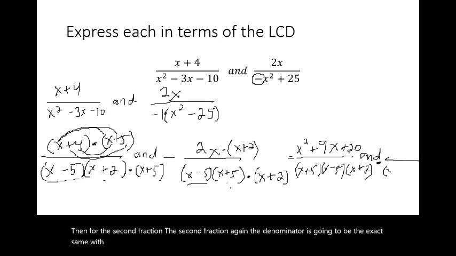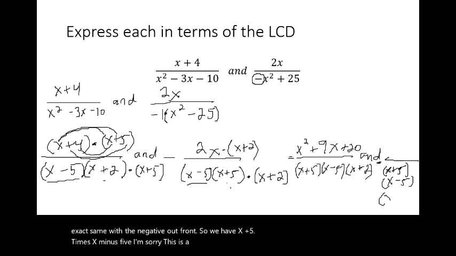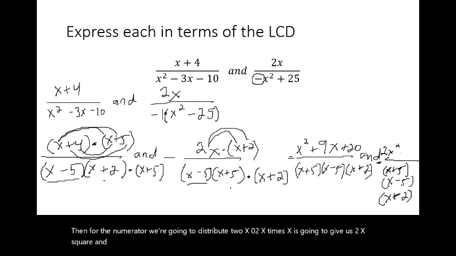So we have x plus 5 times x minus 5 times x plus 2. Then for the numerator, we're going to distribute 2x. So 2x times x is going to give us 2x squared. And then 2x times 2 is going to give us plus 4x.